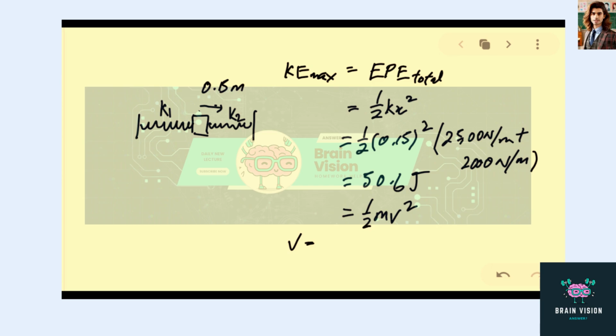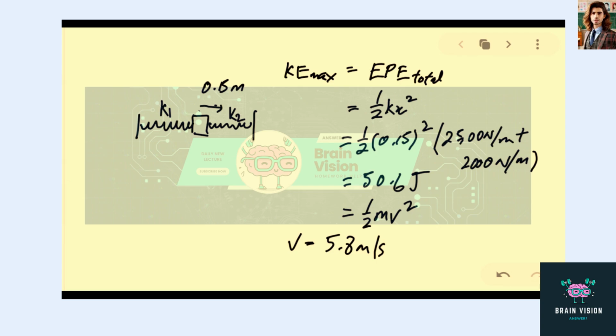So we just divide by the mass, which is 3, multiply by 2, and then take the square root of everything. We should get about 5.8 meters per second. So this is the maximum speed.